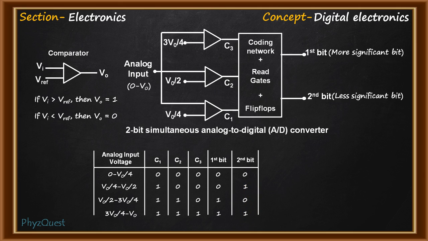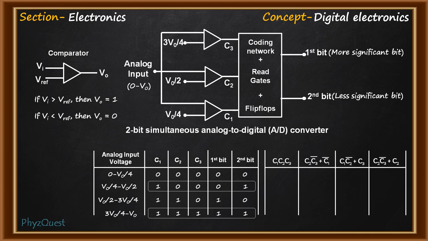Now the simplest way to solve this is to note down the C1, C2 and C3 values for these two cases and check with all the 4 given options. So these are the 4 options which are given.